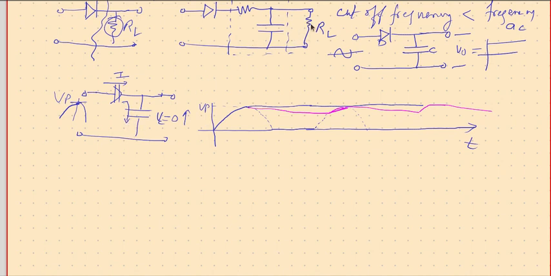Therefore, the load current also drains this charge very slowly. Because the charging process is very fast, it follows our input, whereas the discharge path is very slow, so it slowly reduces and then in the next cycle it gets charged again. So instead of getting this type of changes, you get this type of changes.